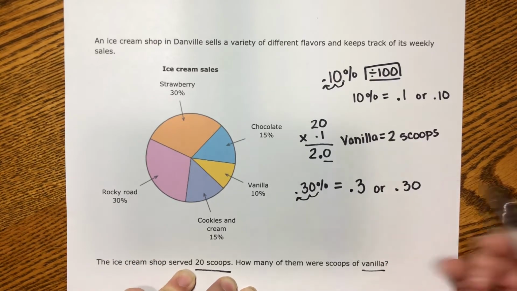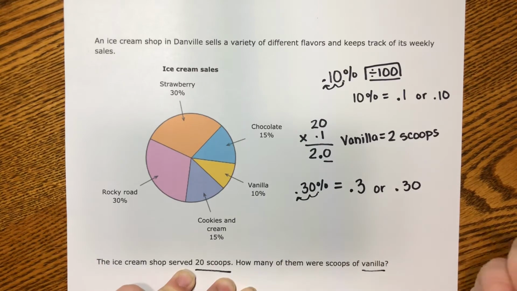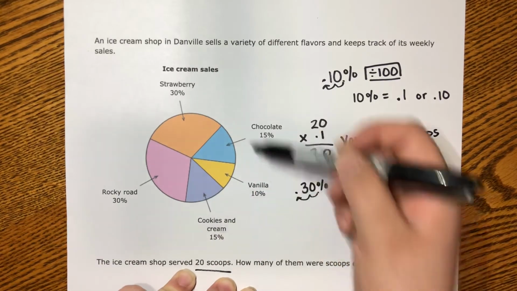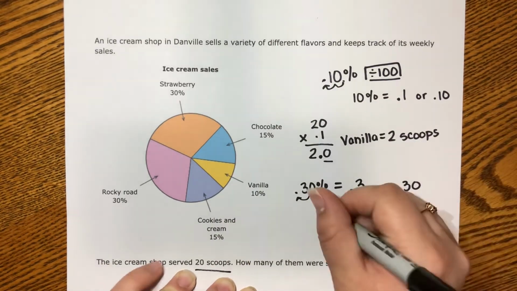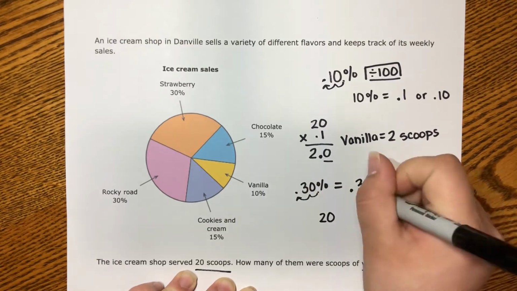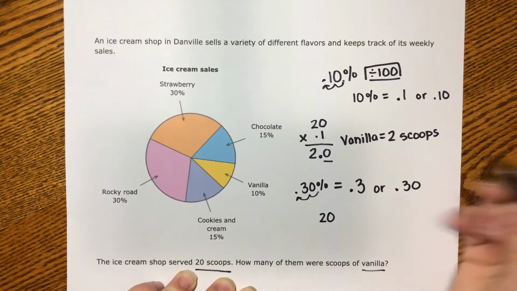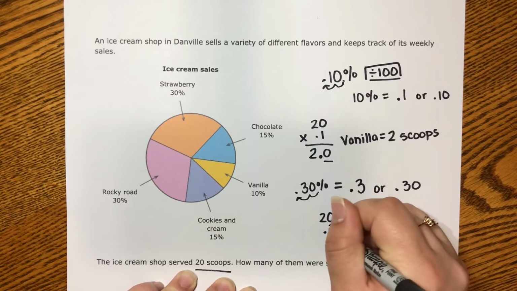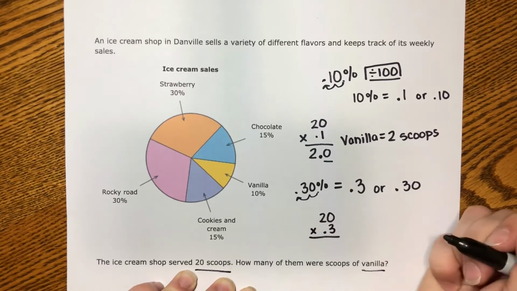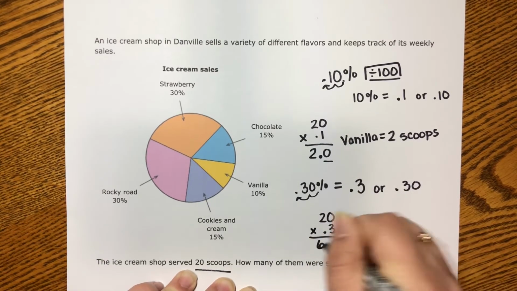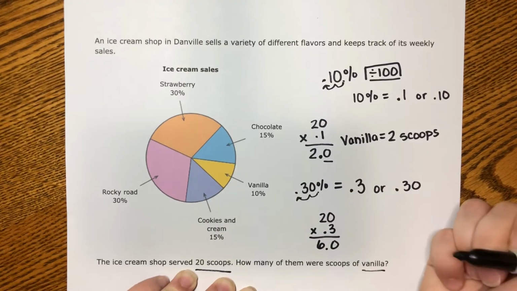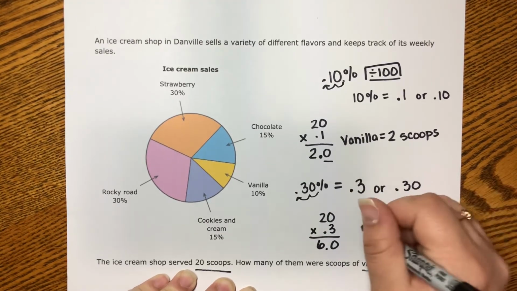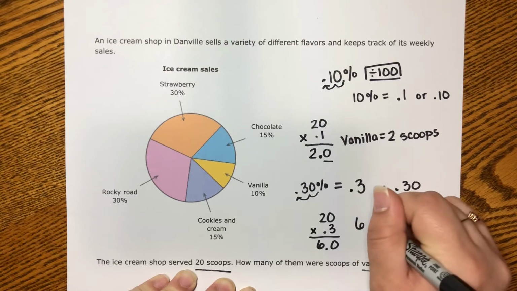Now we just multiply this by your 20 scoops again, because remember the 20 scoops represents this whole pie chart. So I have my 20 scoops times my 30%, which we can represent as 3/10. Multiply, 1 decimal place. That means Rocky Road has 6 scoops.